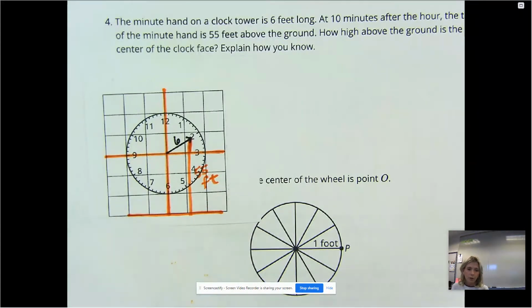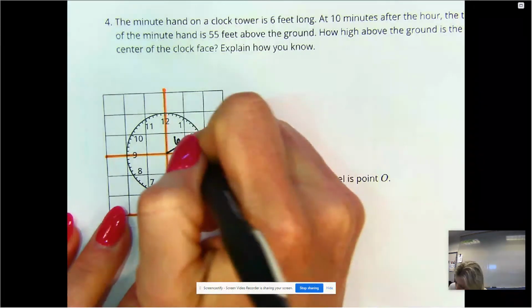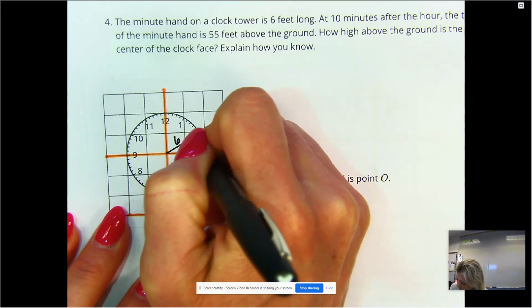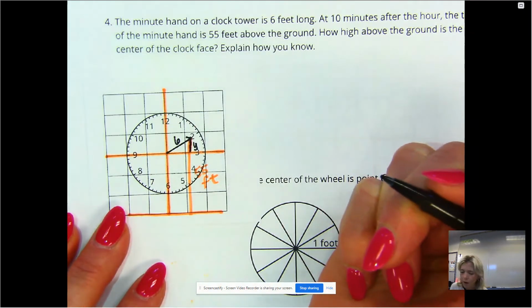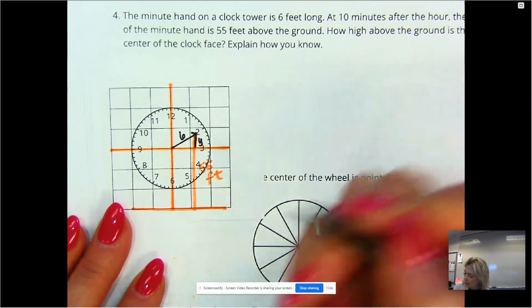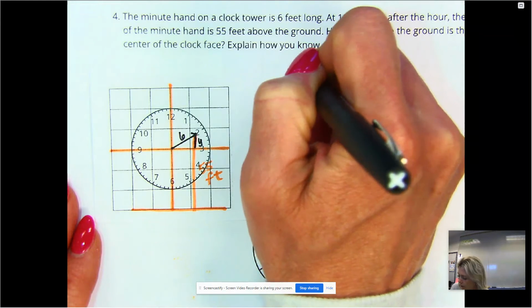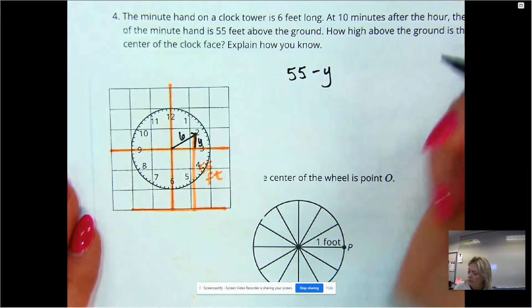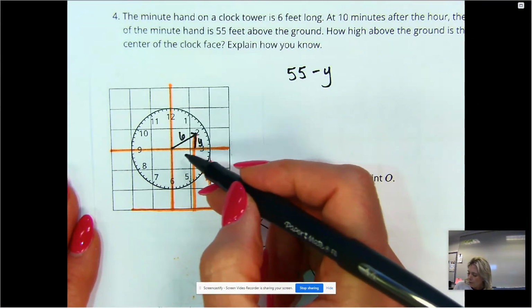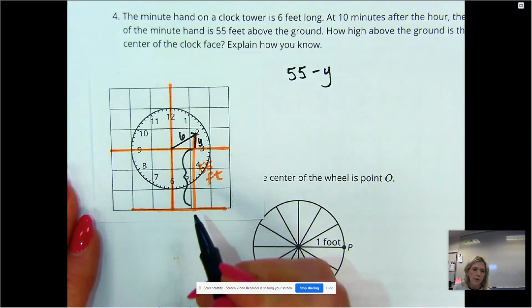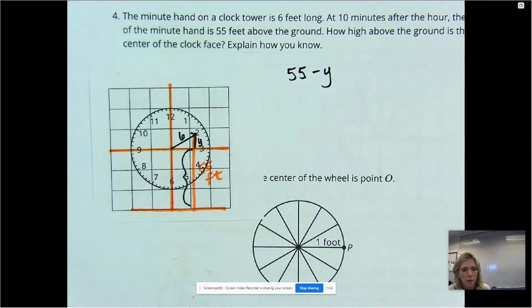Okay, so I'm going to focus on if that whole distance is 55 feet, and I call this maybe y, just from here to here is y, then I'm going to say the answer, what I'm trying to find, is going to equal 55 minus y. That would give me this part of it, which is going to be the height of the center of the clock as well.